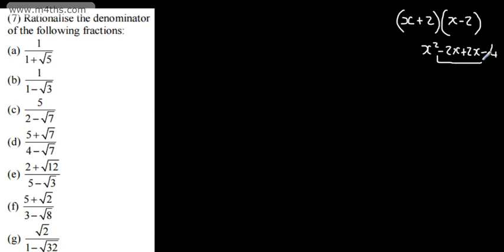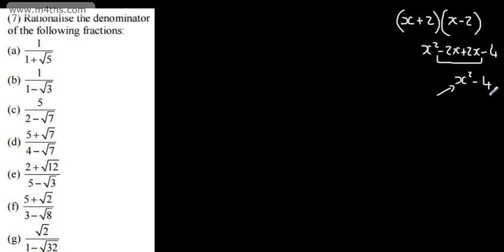If I said now, and we saw this in a previous video, x plus 2 and x minus 2, and I expanded this out, we would get now x squared minus 2x plus 2x minus 4. The difference of squares now means that we're going to have no term in x. So this just becomes x squared minus 4.